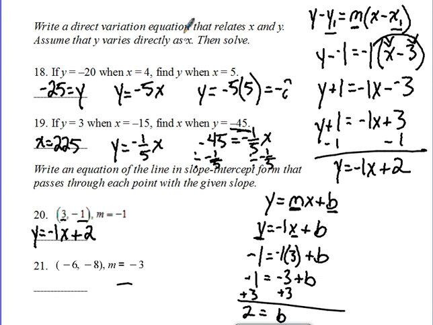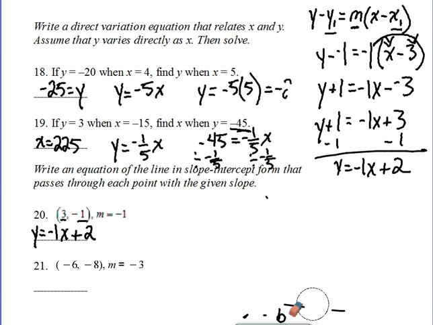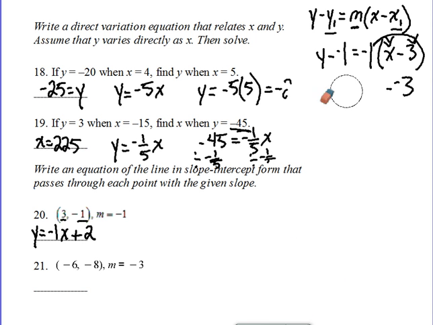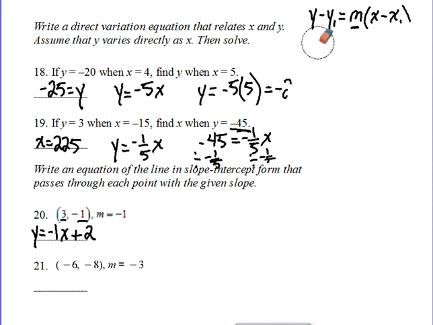So moving to the next slope-intercept form, this time they gave us a slope of negative 3. And I'm going to use the point-slope form to solve it this time, and we'll do y minus negative 8 equals m, which is our negative 3, times x minus negative 6.